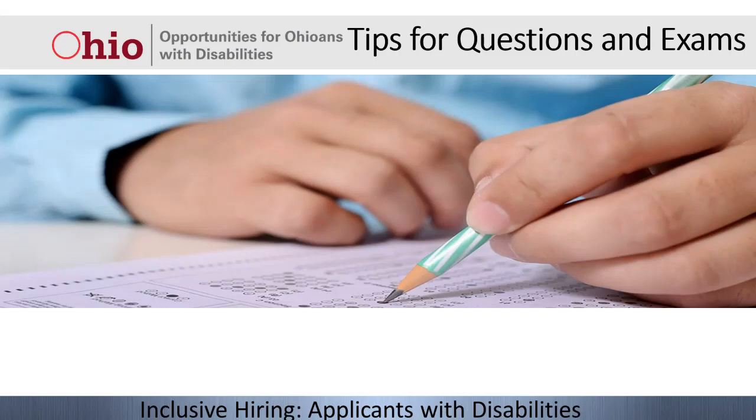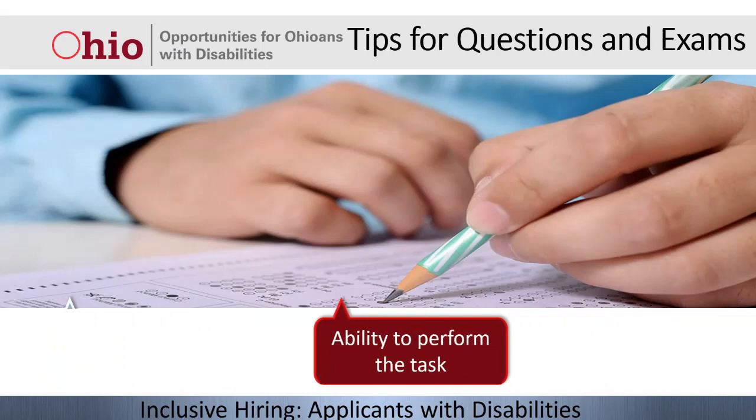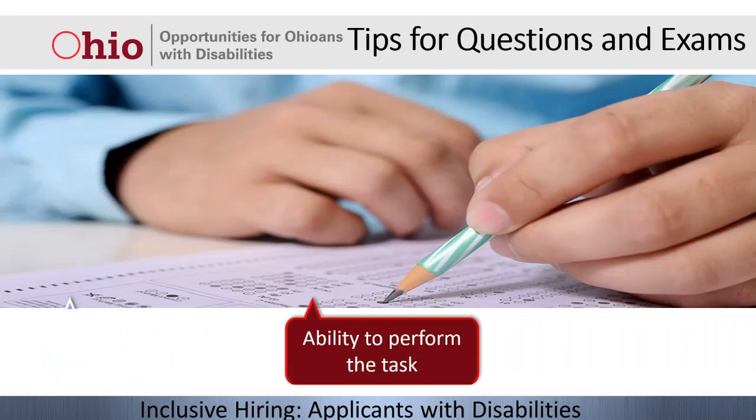In general, the kinds of questions you can ask before an offer is made include things like asking about non-medical qualifications and skills, such as education and work history, and whether the applicant has the required certifications for the job. You can ask about the applicant's ability to perform job tasks as long as the question is not phrased in terms of a disability.